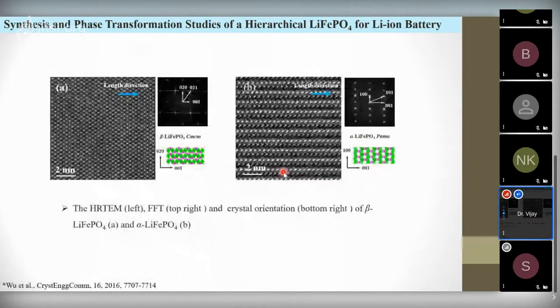Then, this is a high resolution TEM image. Of course, I worked in the early days to obtain such nice lithium iron phosphate high resolution TEM images to find the crystal orientation.